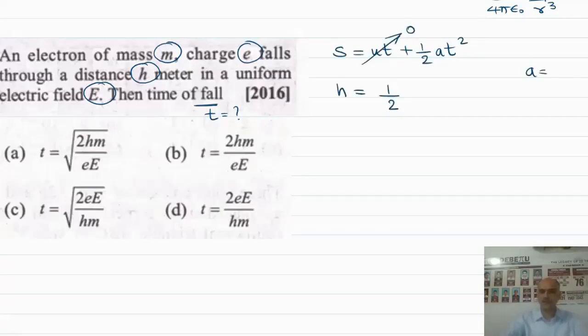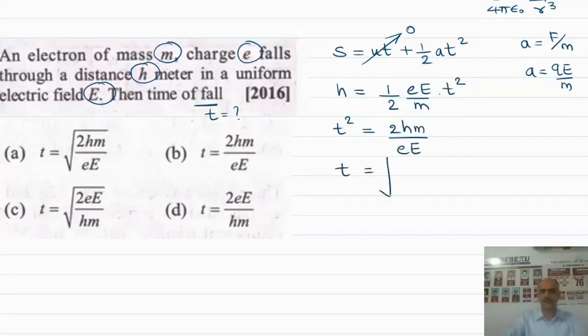Acceleration is a is equal to F by m from Newton's second law, F is q into E. So h is equal to half, e by m into E into t square. Cross multiplying, t square will be equal to 2hm divided by small e into capital E. Now take the root, you will have the answer.